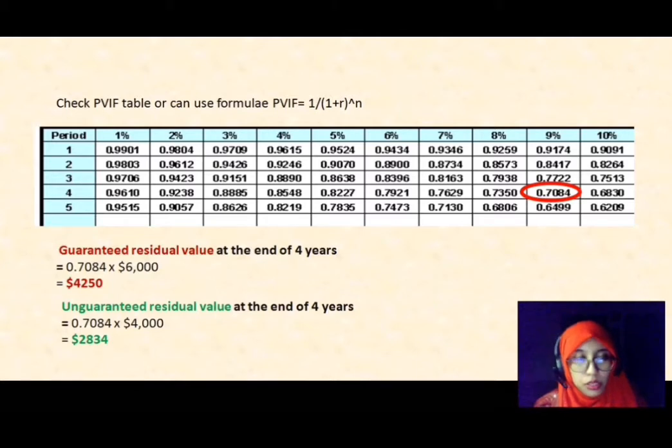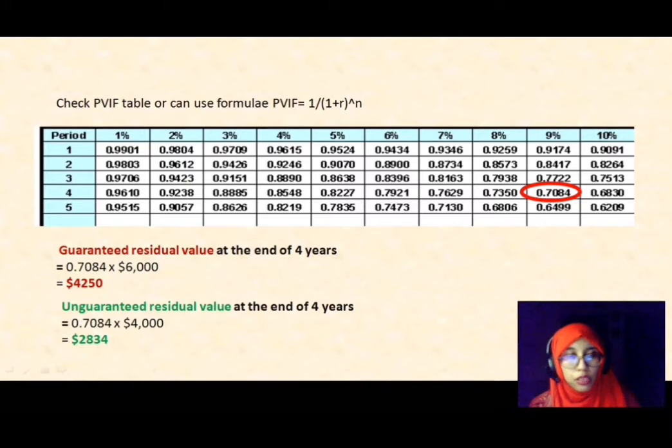So basically it is decreasing. Same goes for the unguaranteed residual value, which is 4,000. 4,000 in the future will not be the same. So 4,000 at the end of the 4 years will be 2,834.